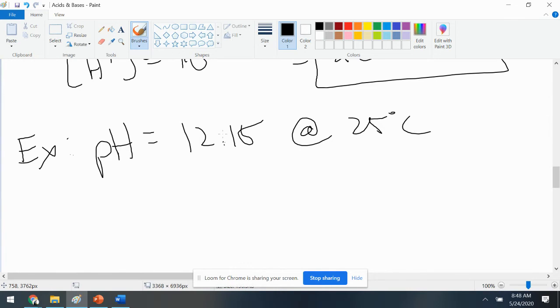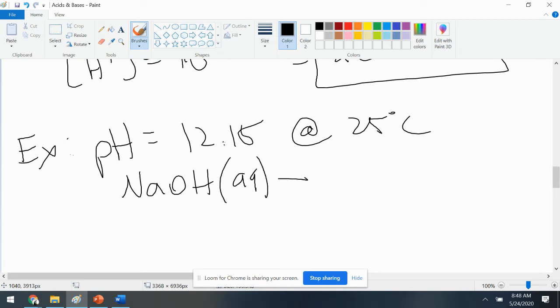So let's say a solution with a pH of 12.15 at 25 degrees Celsius, and let's say the solution is sodium hydroxide. Sodium hydroxide is typically a strong base. If you were to write the equation for this, it's going to be aqueous.